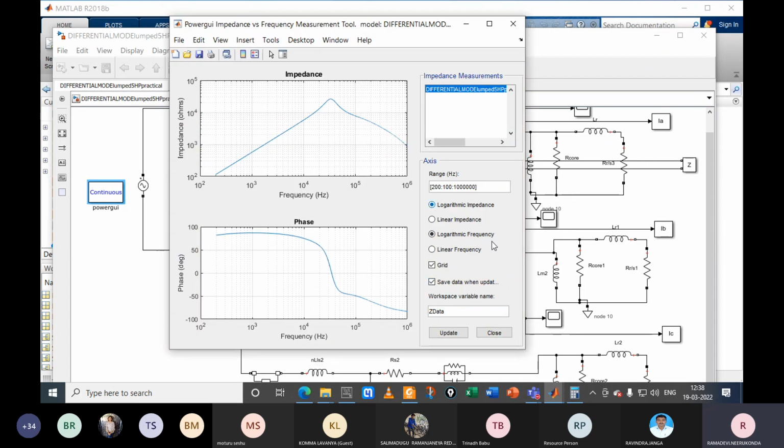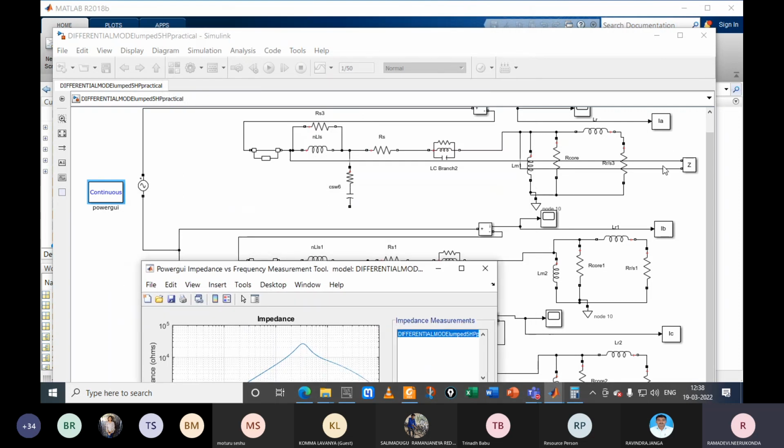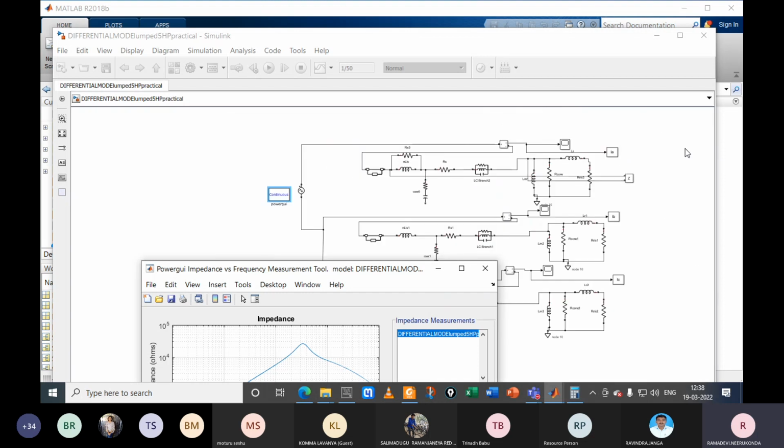This is the impedance curve corresponding to the 5HP machine. This is the measurement. Here one terminal is connected to the A phase, and the other terminal is connected to the tie terminals between A and B. For that we get the impedance measurement.